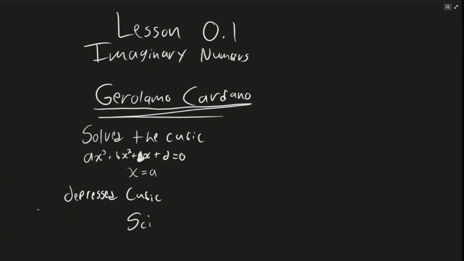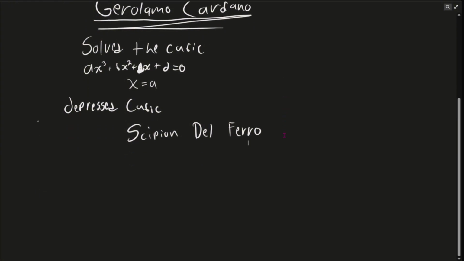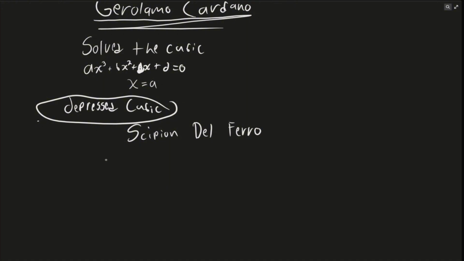a man named Scipione de Ferro, who discovered the solution to what is known as the depressed cubic, which is basically, instead of the full cubic, a cubic without the x squared part.